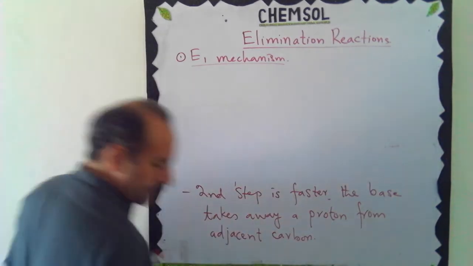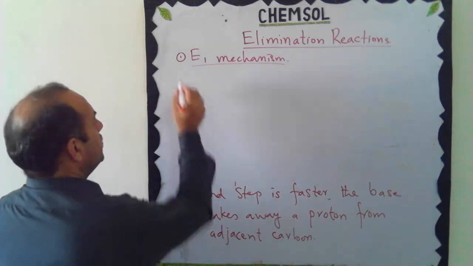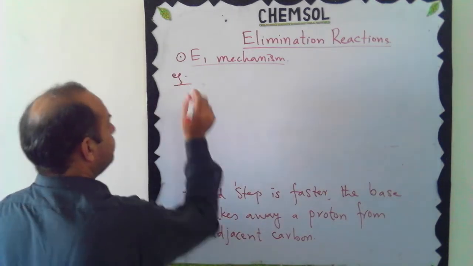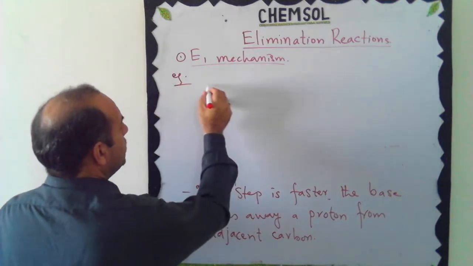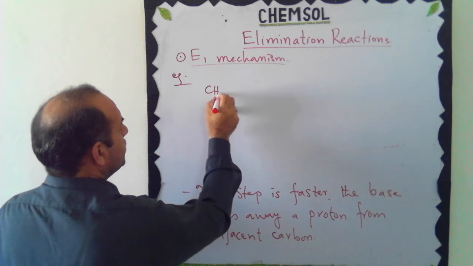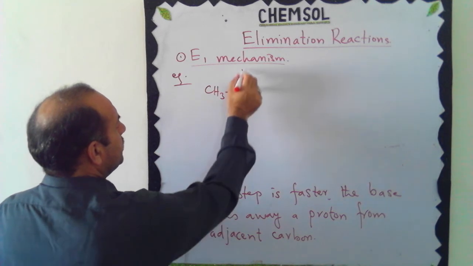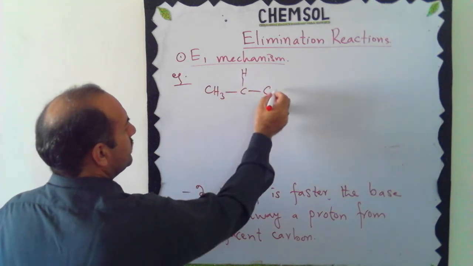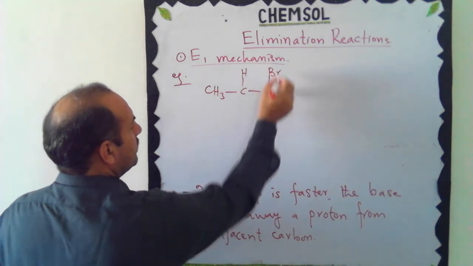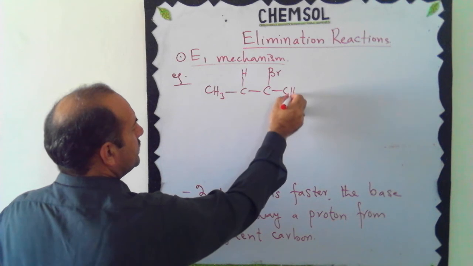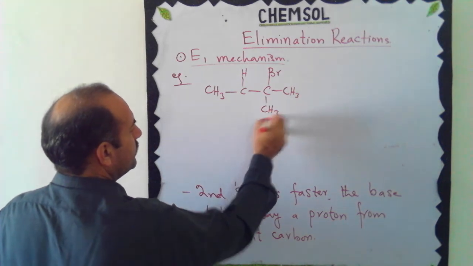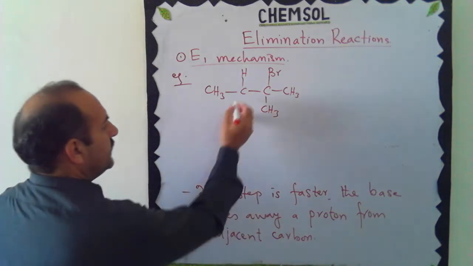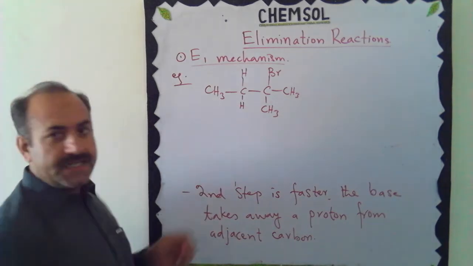For example, suppose we have a compound like this, for example CH3, CH, CBr and CH3, CH3. Let's suppose we have a tertiary alkyl halide.